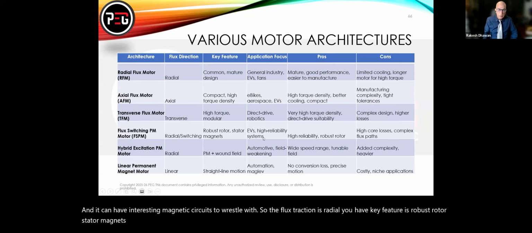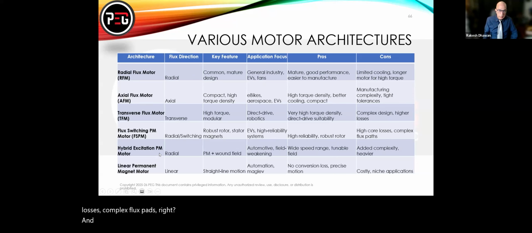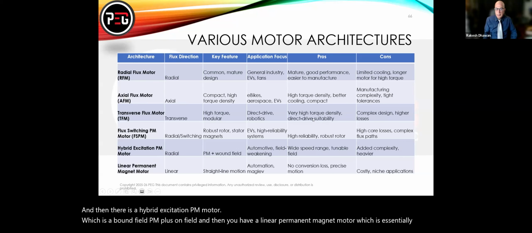Application focus: EVs, high reliability systems. Pros: high reliability, robust rotor. And the cons are high core losses, complex flux paths, right? And then there is the hybrid excitation PM motor, which is PM plus wound field. And then you have a linear permanent magnet motor, which is essentially linear, all right?